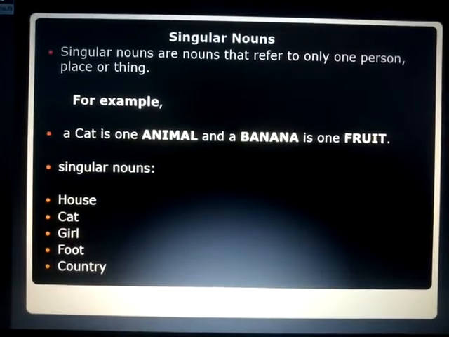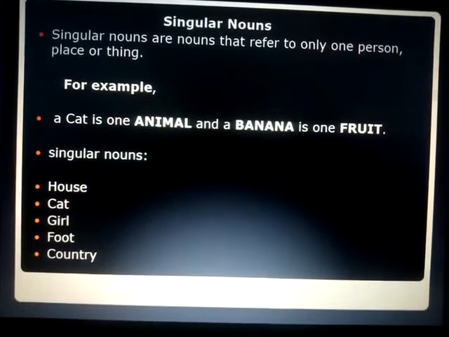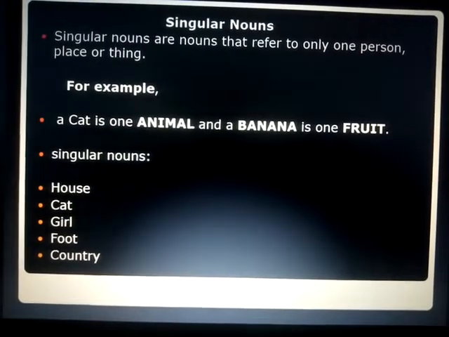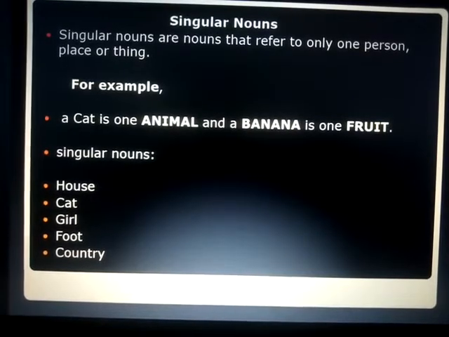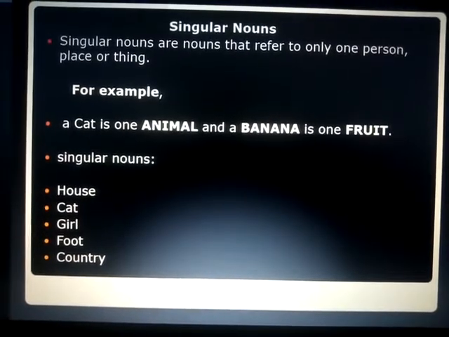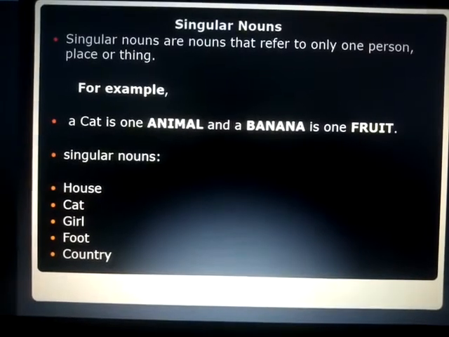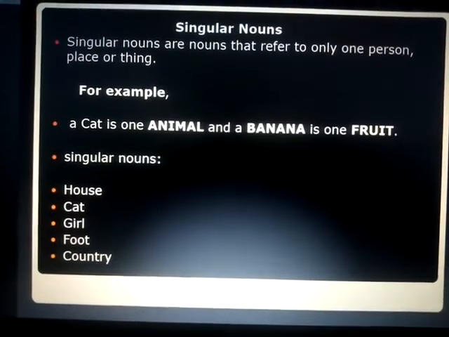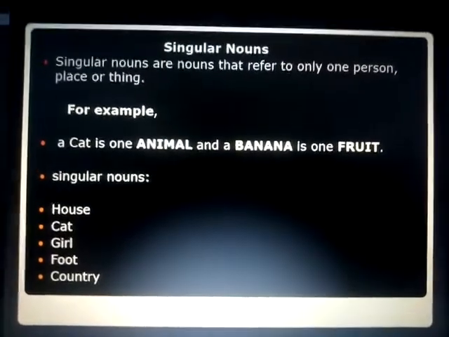Singular nouns include house, cat, girl, food, country. Are we there?